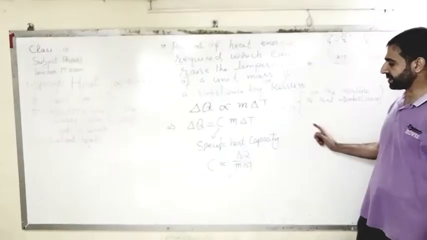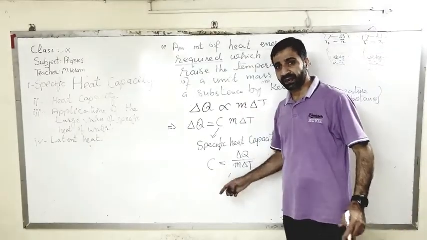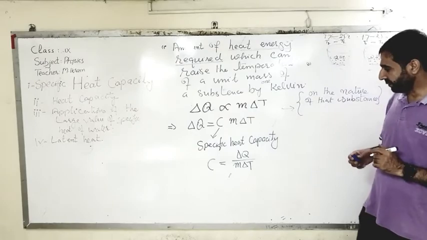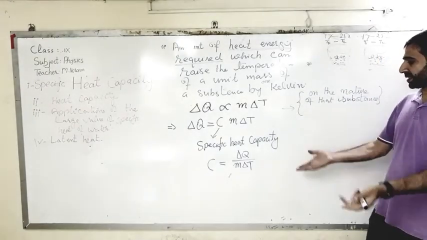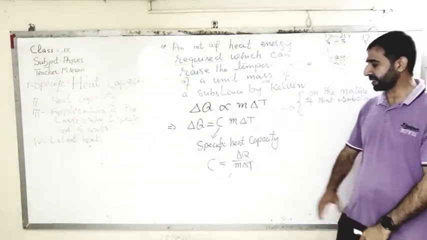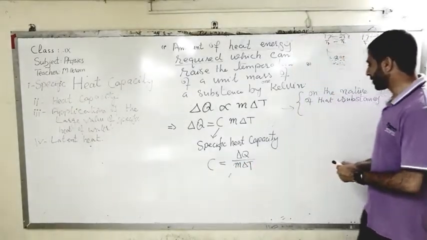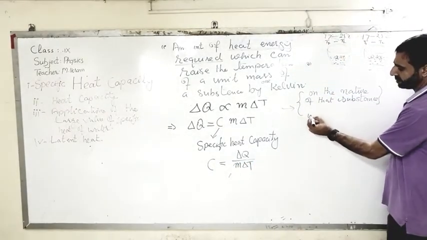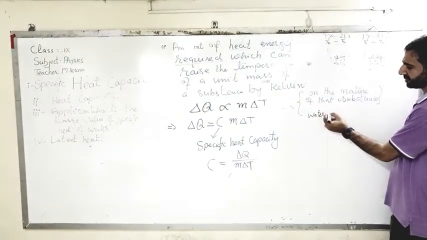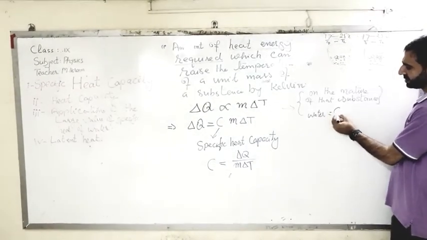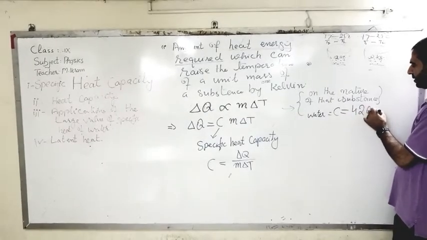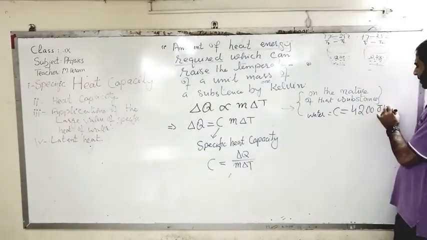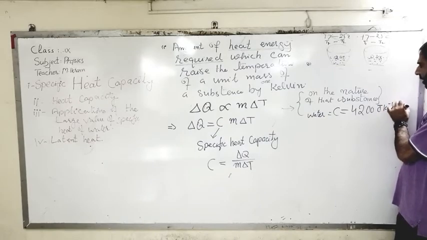Different substances have different specific heat capacity. Unfortunately, the only specific heat capacity which I remember by heart is that of the water. For water, the specific heat capacity C is 4200 joules per kilogram per Kelvin.